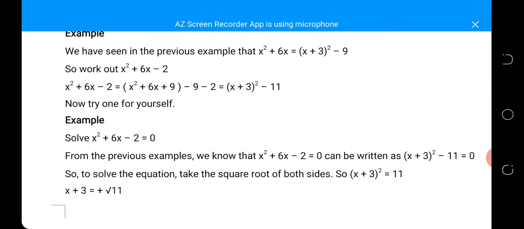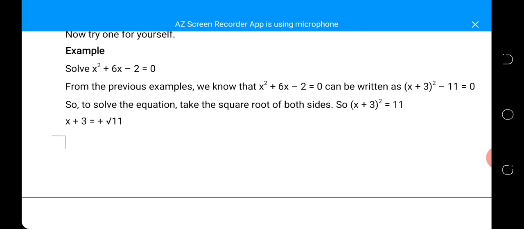Now, let's look at the equation to be solved: x squared plus 6x minus 2 is equal to 0. Let's solve this equation using the completing the square method. From the previous examples, we know that it can be written as (x plus 3) squared minus 11 is equal to 0.